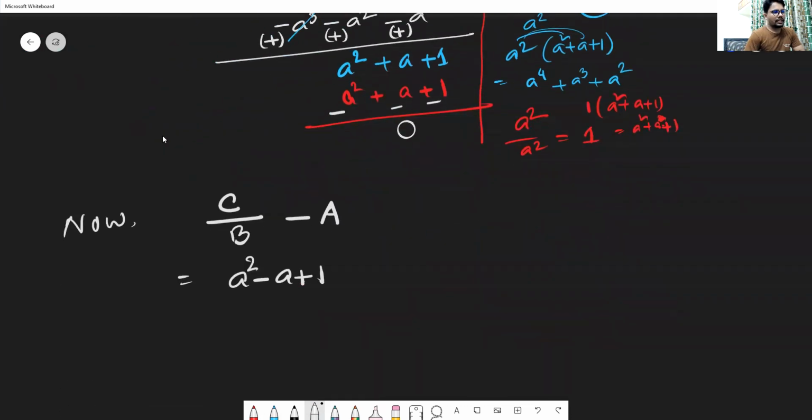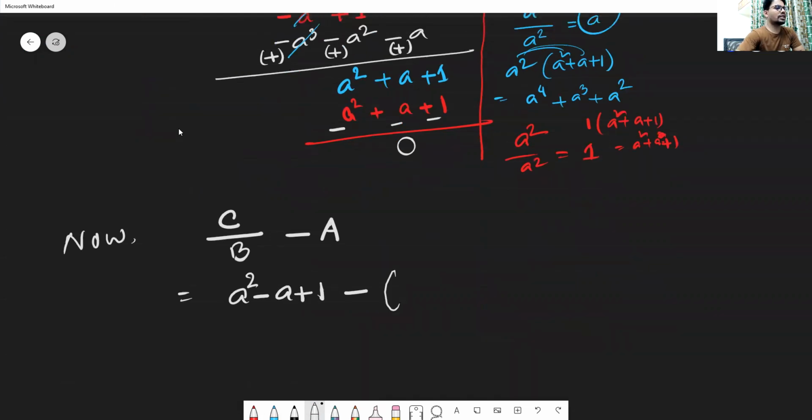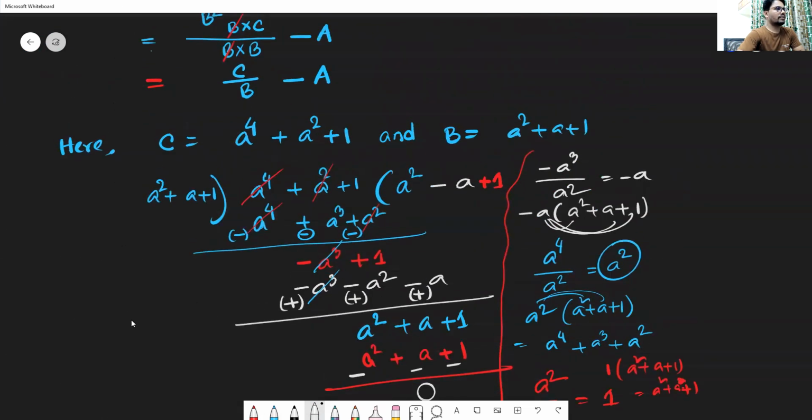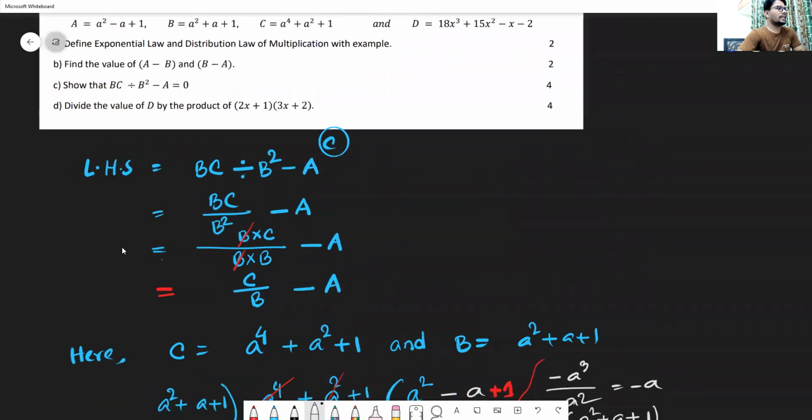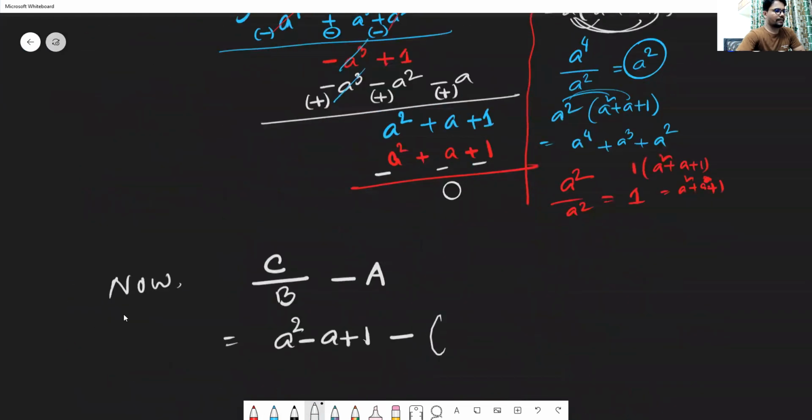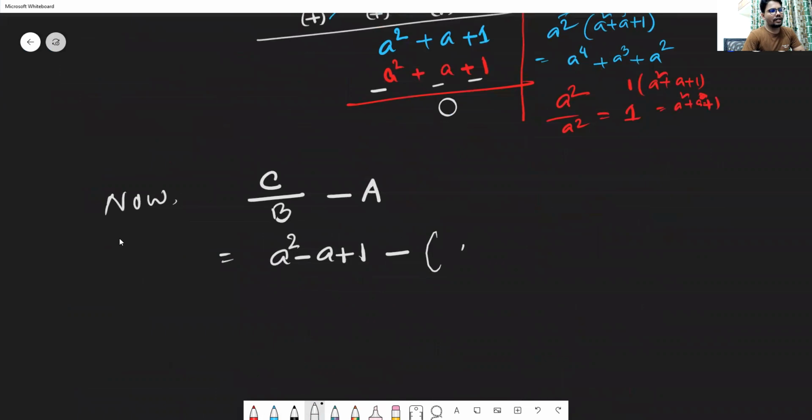Okay, this is now, and then a. What is the value of a? From the question we see here, the value of a is a square minus a plus 1. So here you can write a equals a square minus a plus 1.